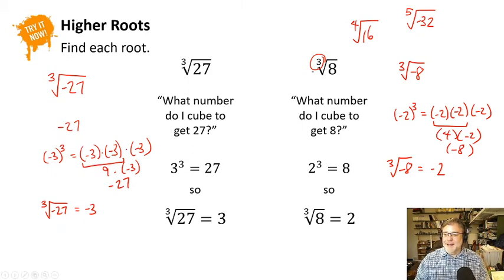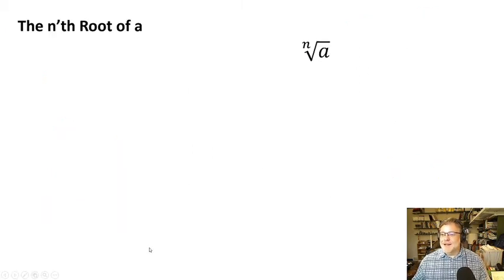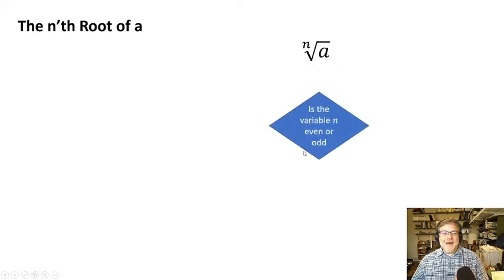So interestingly enough, we have a set of rules here for defining, in general, the nth root of a. So we're describing in general terms the properties of these particular roots. The first thing we have to ask is, is the variable n even or odd?